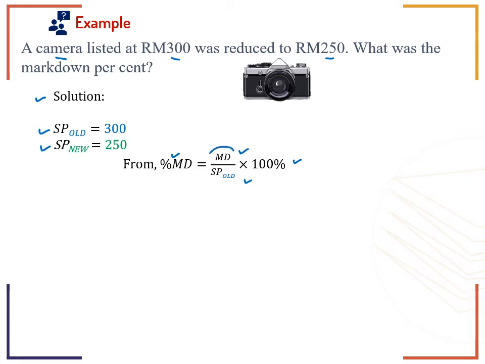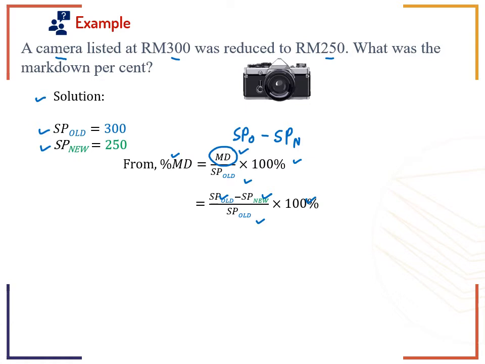As we may know, the formula to calculate markdown is old selling price minus new selling price. So percentage of markdown can be expressed as old selling price minus new selling price divided by old selling price and multiply 100%.